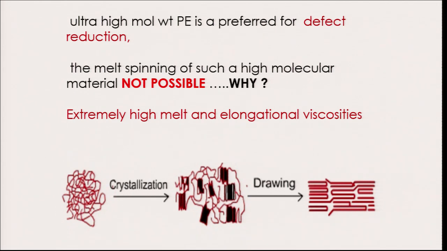So, if I try to melt spin this fiber, I will not be able to get super drawing. I will not be able to create a structure which has got polymer chains extended along the fiber direction, however much I draw it. The as-spun fiber itself will be so highly entangled that in the subsequent drawing process, it will not be possible to remove these entanglements and draw the structure.